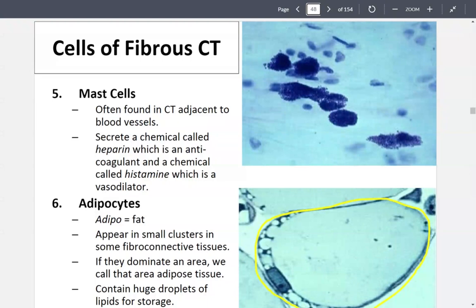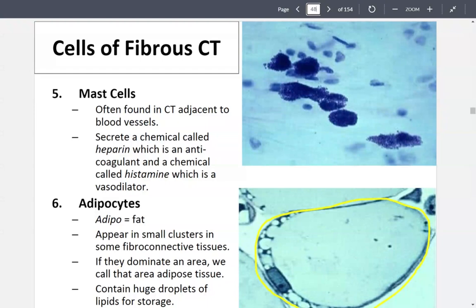One is called heparin. And you might be going, wait, heparin, don't I know that from drugs? Yes, heparin is a drug that we give to individuals as an anti-clotting agent. Heparin, we produce it naturally though as well because it is an anticoagulant. That's where the drug actually comes from.